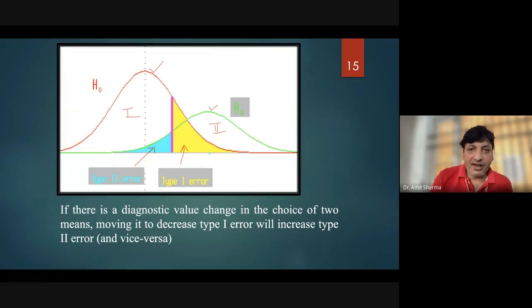Now I have drawn a center line, in pink color. As I move this line to this side, for example, from here to here, the chances of error move from this side to this side.